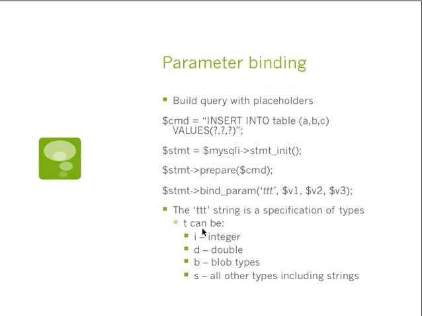And so each of those t's can be one of either I, D, B, or S. So if I put an I there, then that would say it was an integer, and S would say it's a string, D would say it's a double, and so forth. So anyway, this is actually a fairly useful construction method that you can use, especially if you're doing things iteratively and you want to insert a number of things into a table. You can use these parameter bindings to get that done for you.